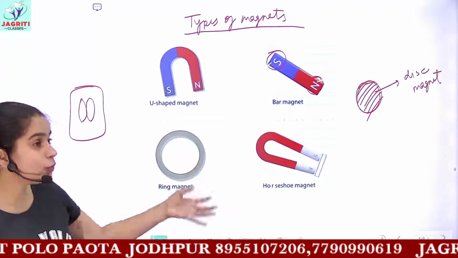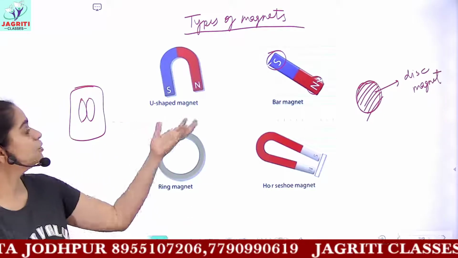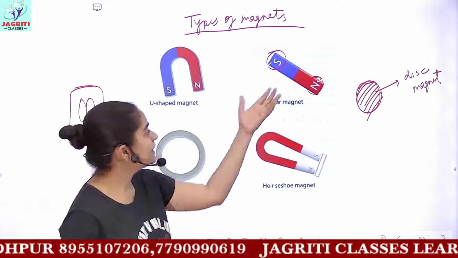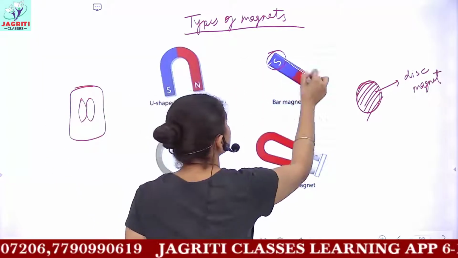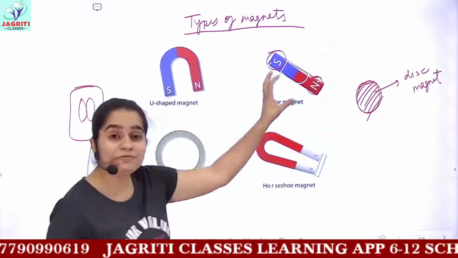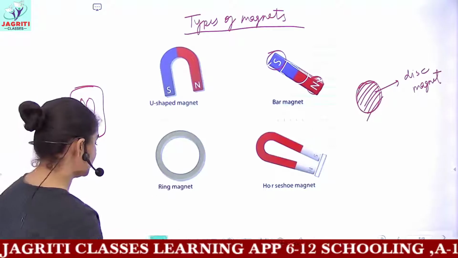And at these poles, the strength of the magnetic field is the highest. Remember that at the poles, the strength of the magnetic field is highest compared to the middle region of the magnet. But each magnet has two poles, whatever is the condition.